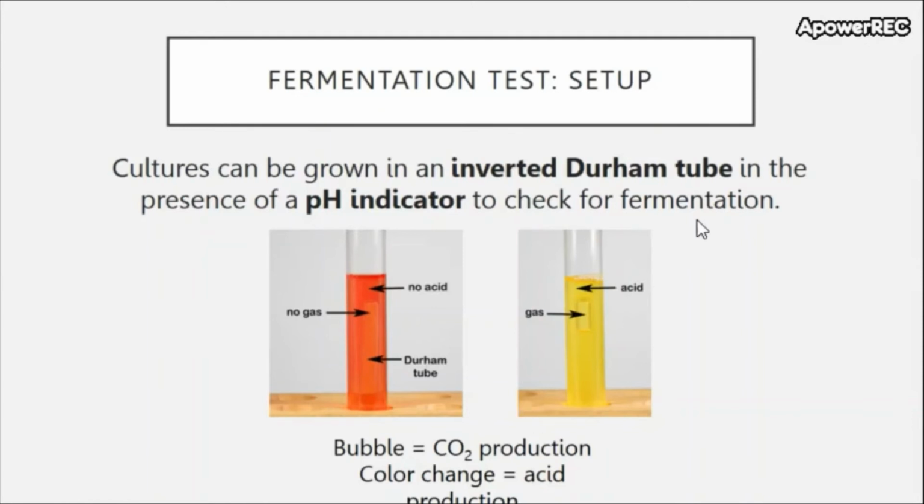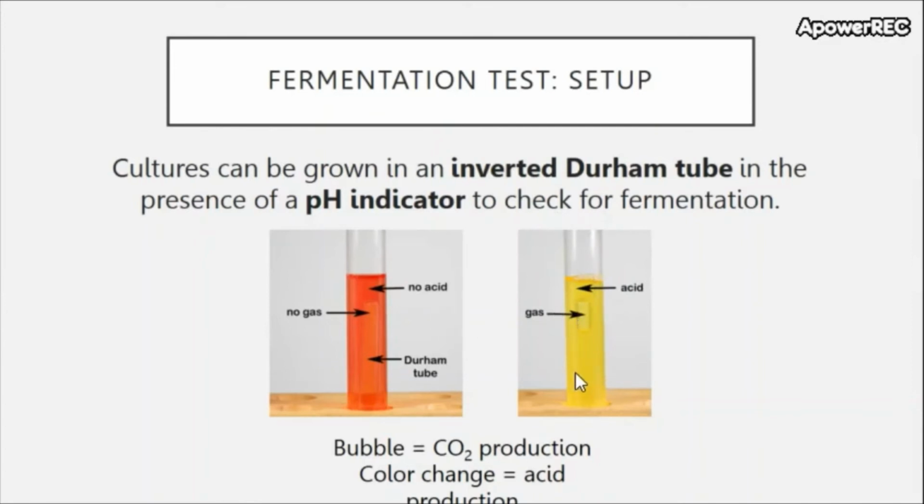And what the inverted Durham tube is, it's just a glass tube that's turned upside down inside of the larger tube and filled with the solution of the medium. If you set this to incubate overnight, or however long is necessary, the air bubbles that are produced from organisms that are not inside of it typically will just escape out the top, diffusing through the solution and out of the tube.